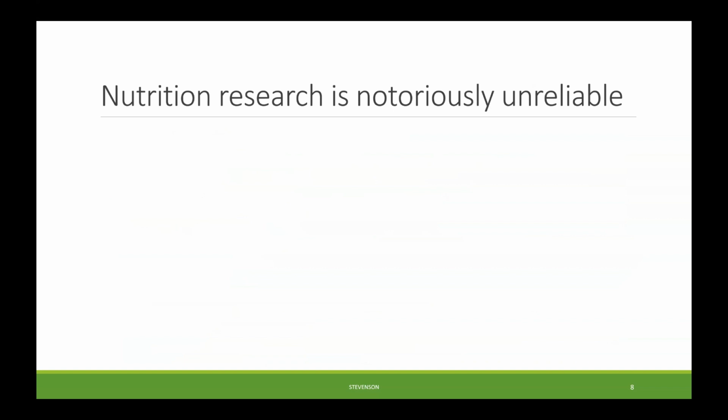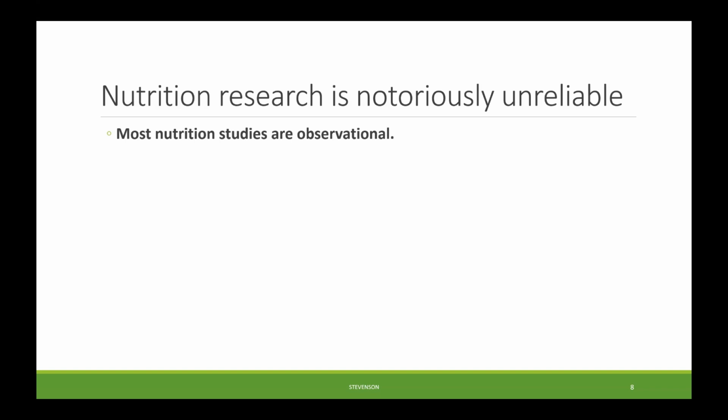Another important thing to keep in mind as we are learning about these macromolecules, and specifically the nutritional significance of each macromolecule, is that nutrition research is notoriously unreliable. And this is the result of two reasons. One is that most nutrition studies are observational, not experimental.